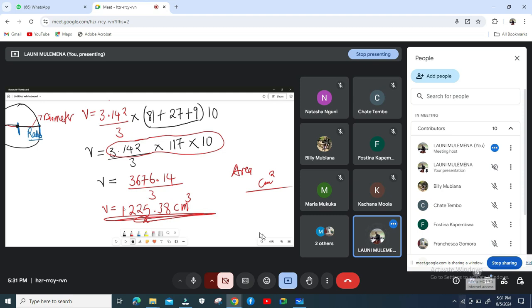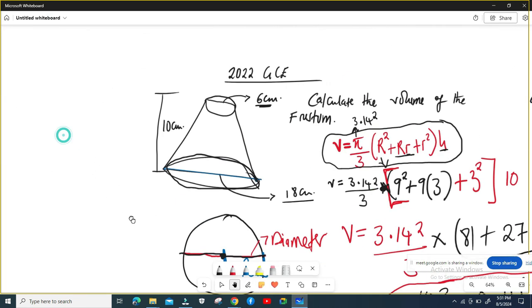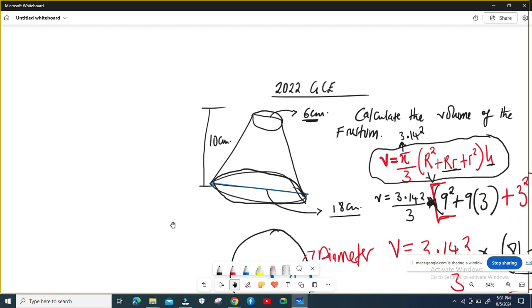Okay, so now, what is the other method? The other method is this. Remember, this is a Frustum. And we said, what is a Frustum? A Frustum is the shape that remains. This is a Frustum of a cone, which I'm explaining. So the Frustum of a cone is the shape that remains when you remove the top part of the cone.